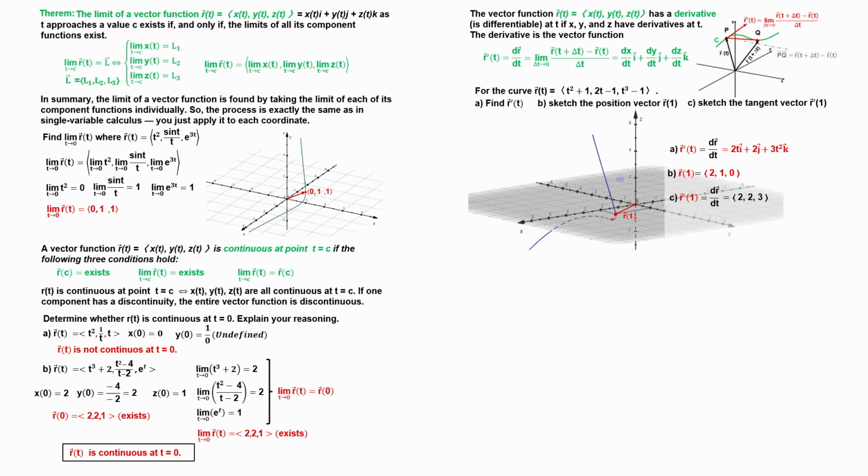The tangent vector at t equals 1 is placed at the point P. It points in the direction 2, 2, 3. This means, starting from P, the vector extends 2 units in the positive x direction, 2 units in the positive y direction, and 3 units in the positive z direction.